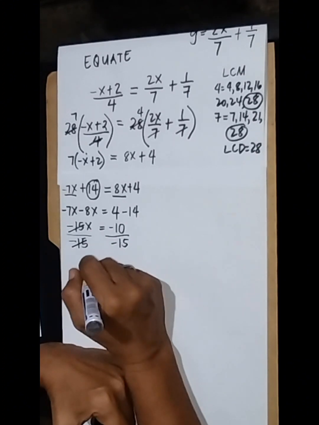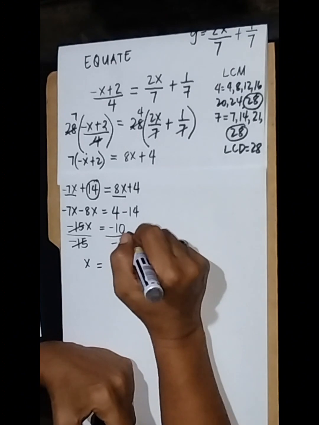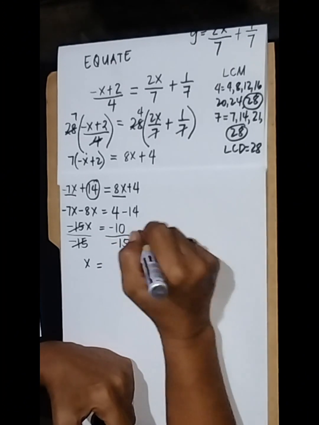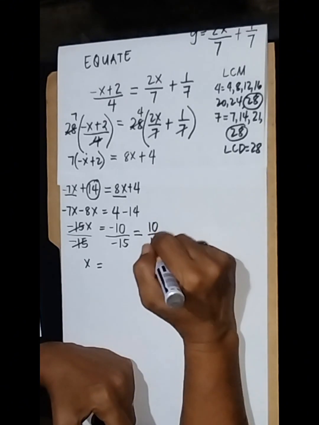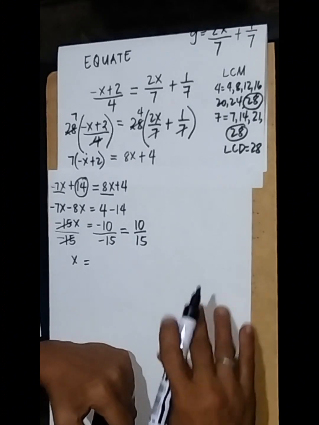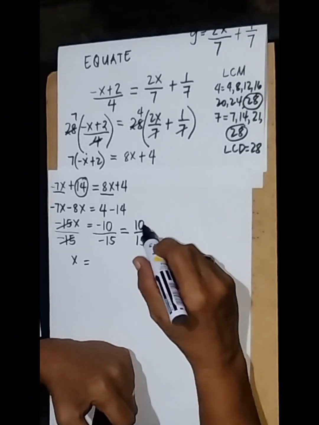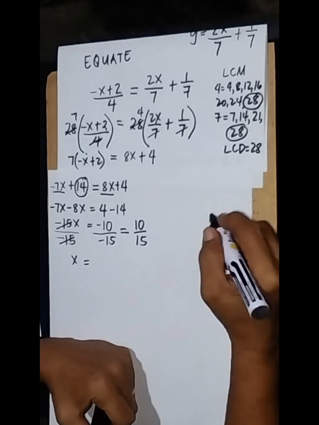So, 1x or x is equal to, we have to find the greatest common factor. This becomes positive, 10 over 15, because negative divided by negative is positive. Now, we have to get the GCF, or the greatest common factor, of 10 and 15.